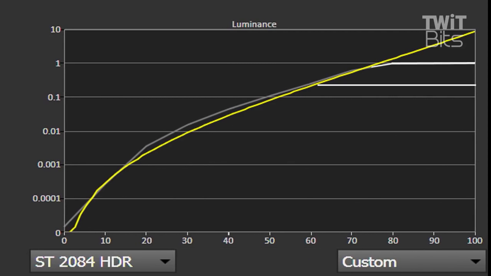And what happens is nothing in the signal can go above that, or it will get clipped. Or if you're at the 1,000 nit level, nothing can go above 1,000 nits without being clipped. So what that means is someplace between 63% and about 75% of the signal is the maximum amount of range in that signal you can use for the video.